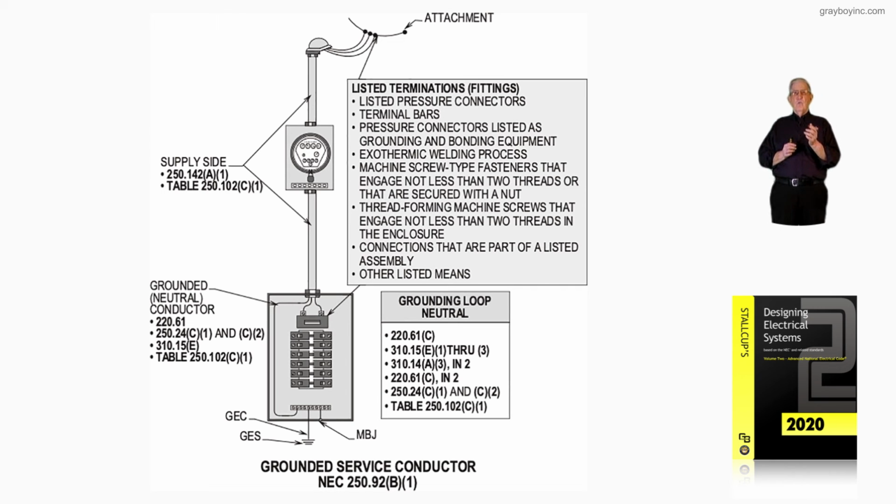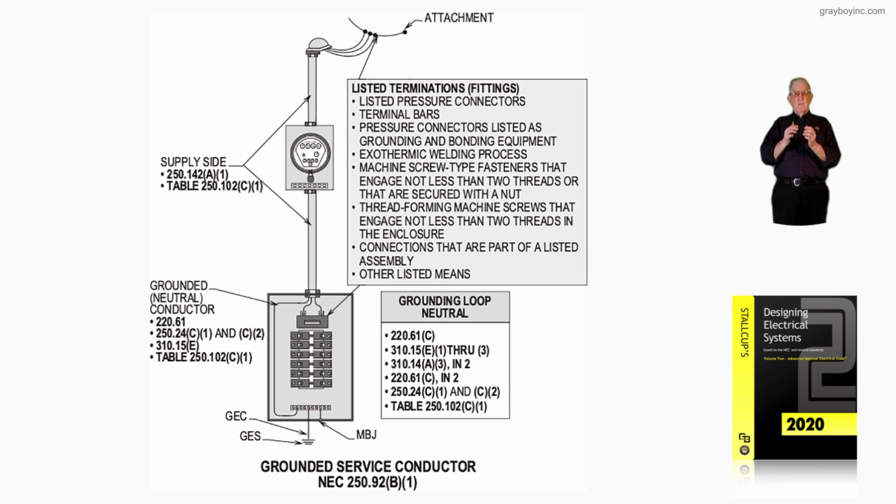And then threaded forming machine type screws that engage not less than 2 threads in the enclosure, be okay. Connections that are of a listed assembly, and then other listed items in accordance with 110.3(B) as in boy and (C) as in car, subject to approval of the authority having jurisdiction.